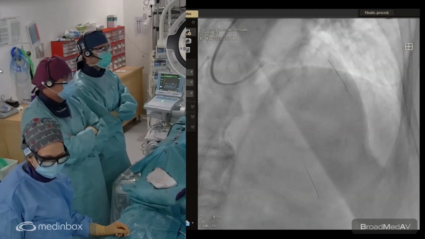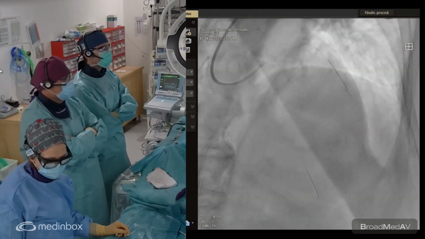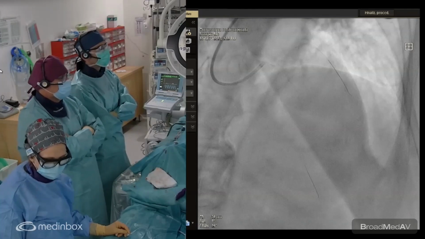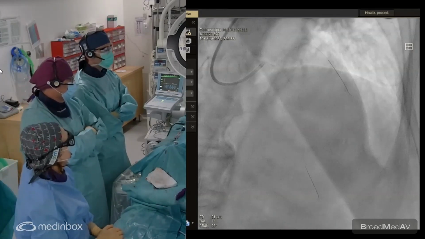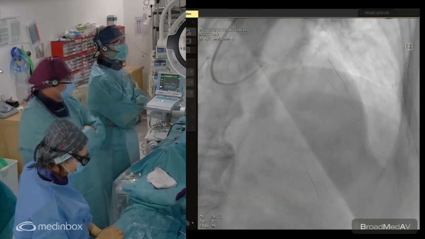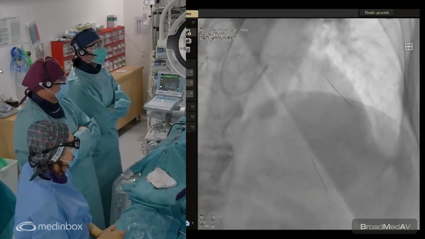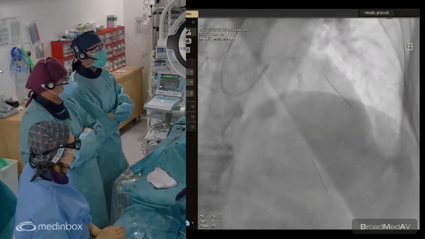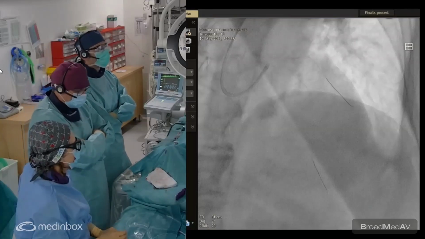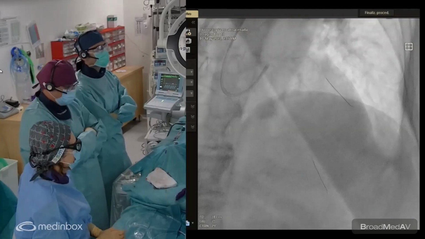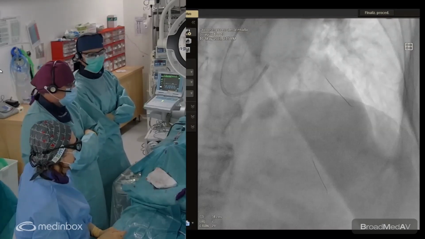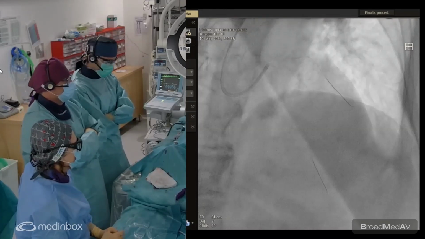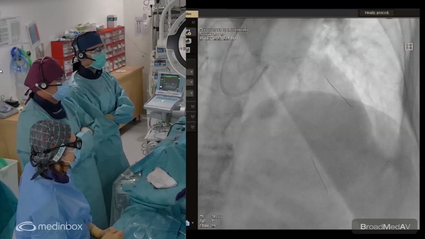And I crossed a Cyan black to the distal LAD, as you can see here. In these cases in which we aim to perform a low contrast PCI or ultra low contrast, there are also colleagues that are doing 0 contrast PCI, but I think it's just an exaggeration and it's magic, no?